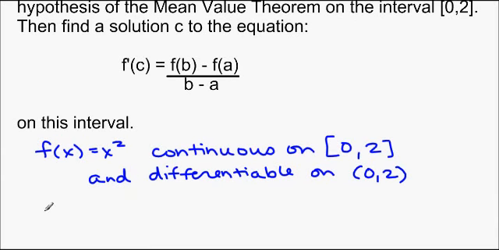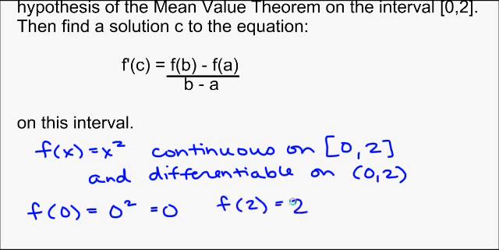Okay. So we have f of 0, this is one of our endpoints, is 0 squared, which is 0. And f of 2 is 2 squared, which is equal to 4.